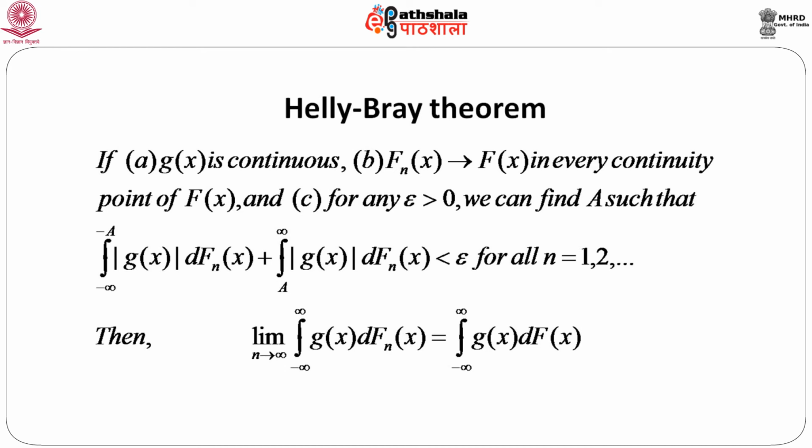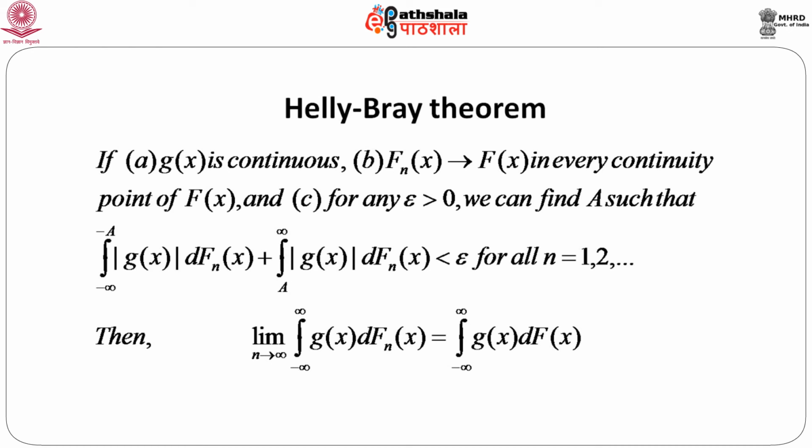Whenever these two tail portions of the integrals with respect to f n x are negligible, we can assume that they do not have any contribution. So, we can immediately get this theorem. This is a very intuitive idea of how the proof goes.